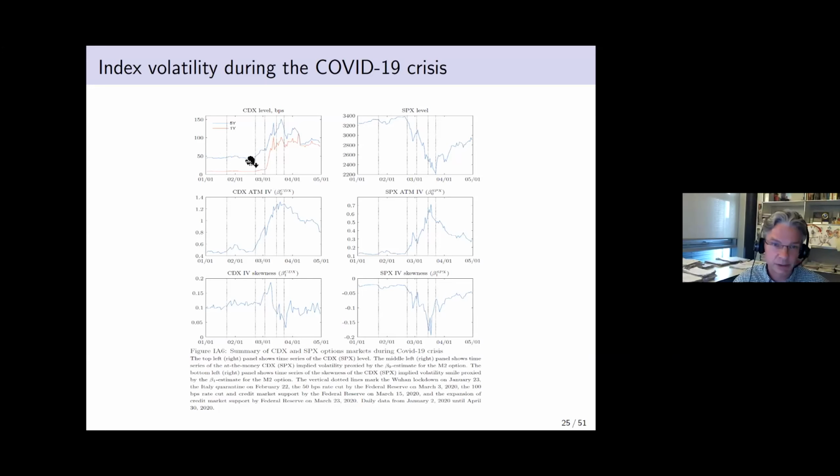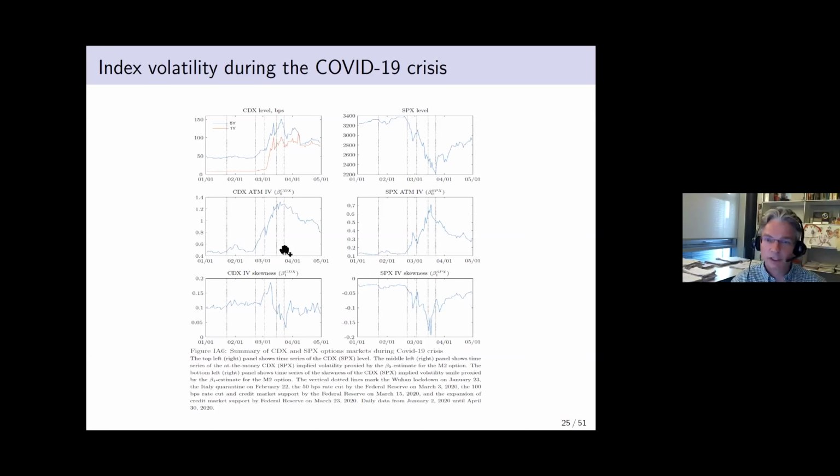Not surprisingly, the cost increased dramatically during the COVID-19 crisis, and then recovered somewhat, but not completely. This is the picture you're probably very familiar with from the S&P with the rebound. And obviously you can see some commonality there, right? As the crisis hit, credit became much more expensive and the S&P dove.